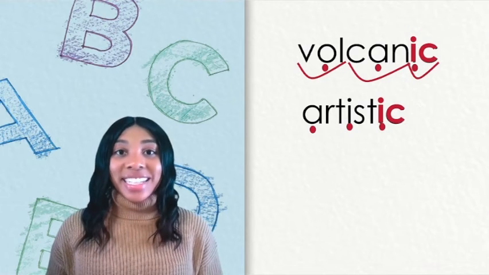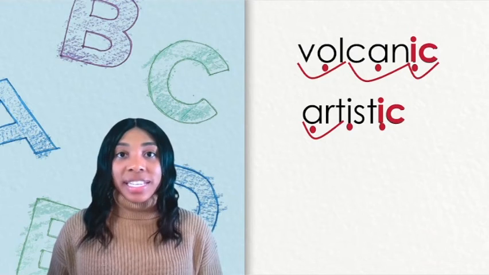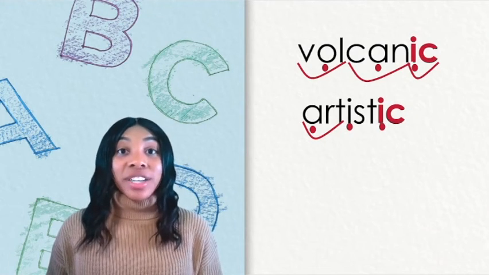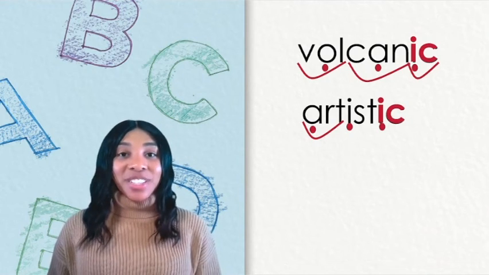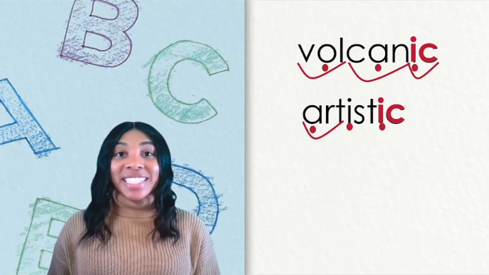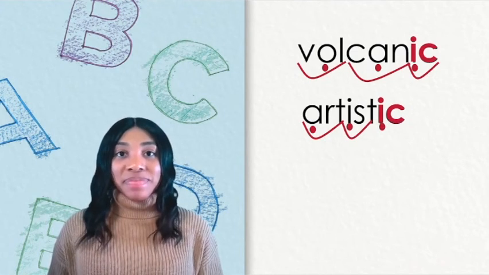All right, our next step is to look at the first syllable. What type of syllable is this? It is an R-controlled syllable. As you can see, we will pronounce it as art. All right, let's look at the next syllable. What type of syllable is this?